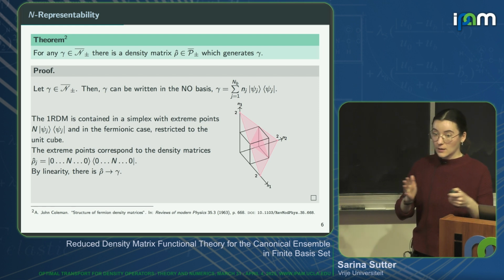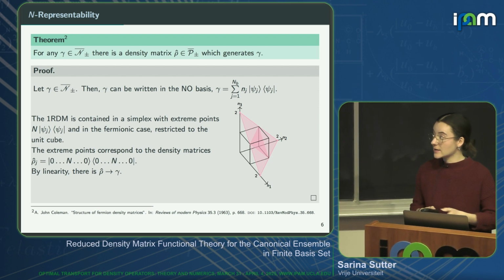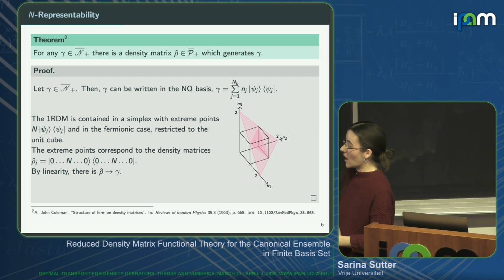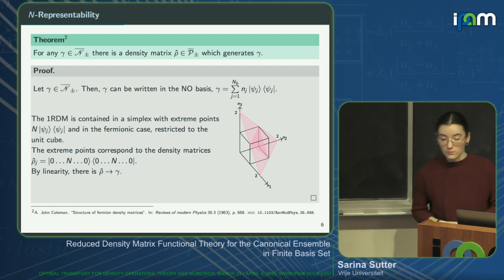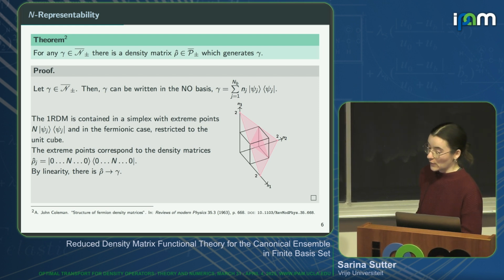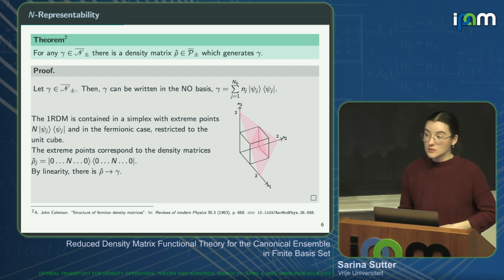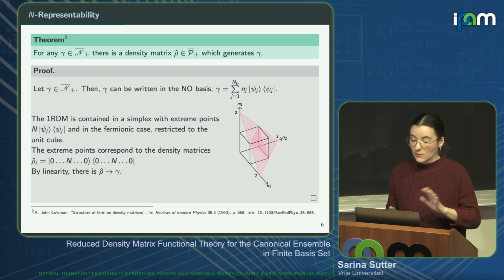And then by linearity, because the map from density matrix to 1-RDM is linear, we find our density matrix which produces this 1-RDM. So this is the proof by Coleman. Now that we know the set of n-representable 1-RDMs, we don't need to worry about this anymore.